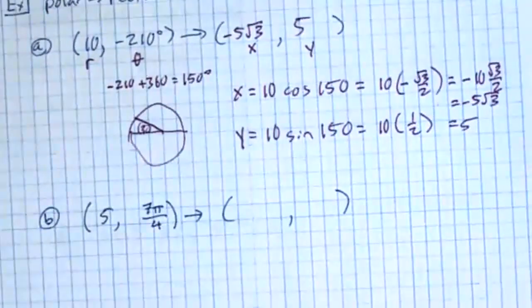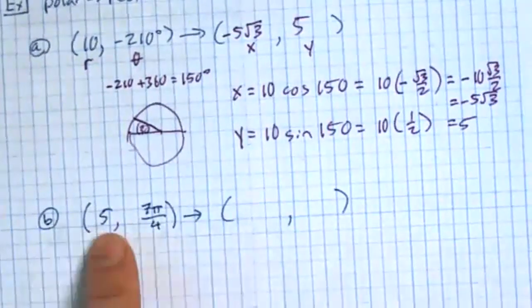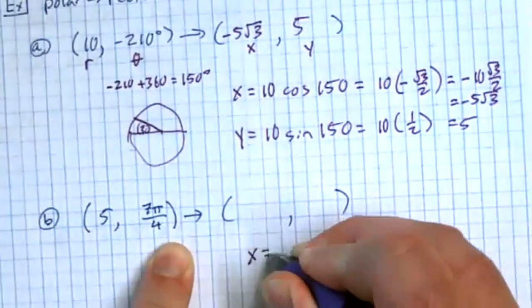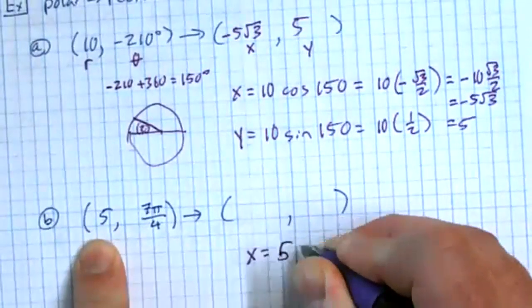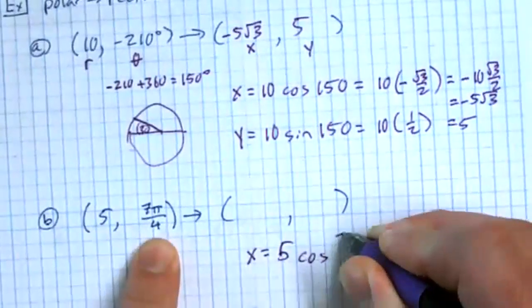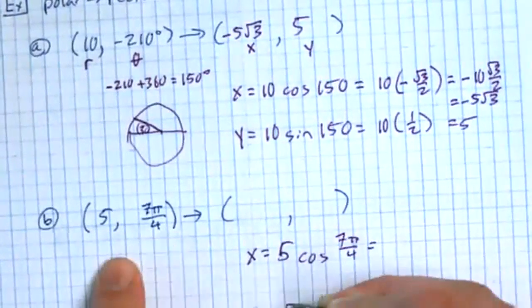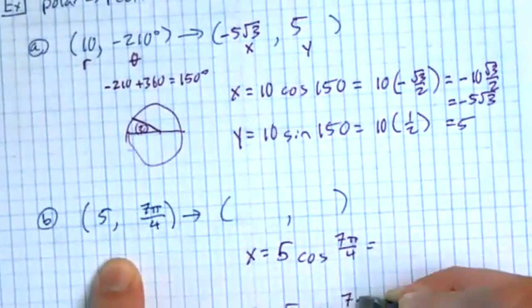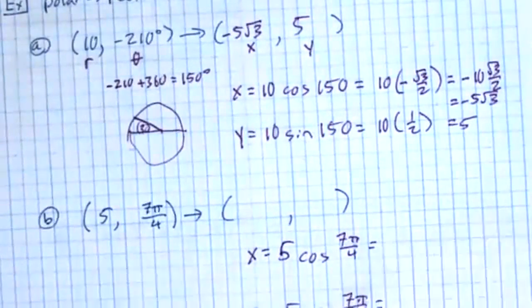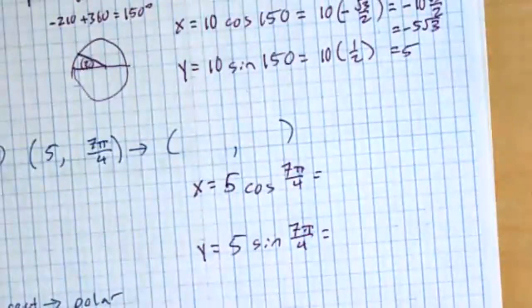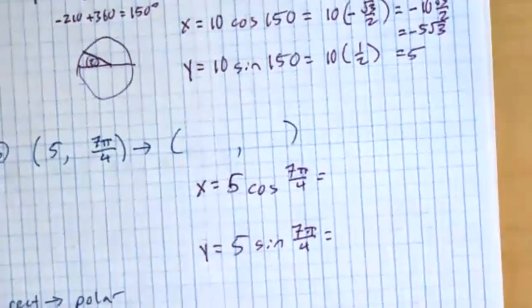Okay, I'm going to try and do this one from memory too. So x and y, pretty easy, right? They give us r and theta, so x is just r cosine theta, and y is just r sine theta. So I can do this in my head.